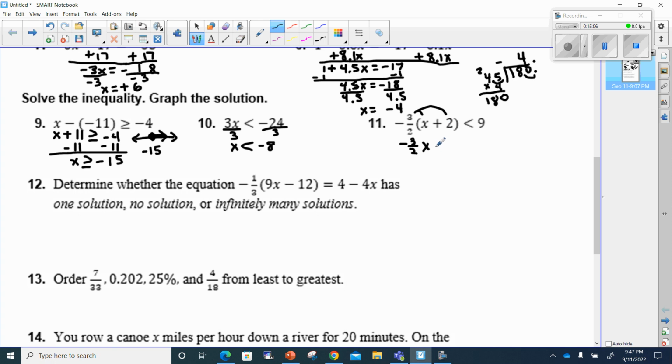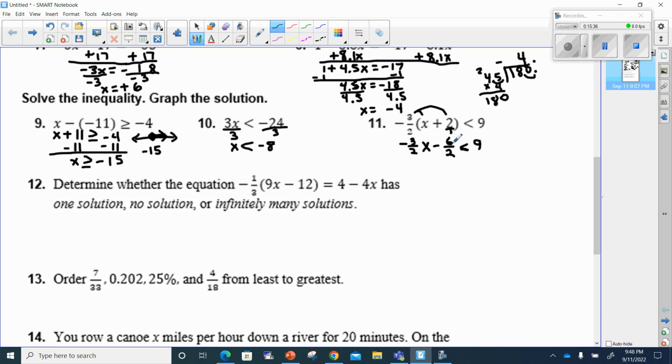Well, this is going to give me a negative 6 over 2. I know this because this will be 2 over 1, and 3 times 2 is 6, and 2 times 1 is 2. So there's my new inequality problem. And now I can't combine these because they're not like terms. I've got an x over here, right? But I can combine these.